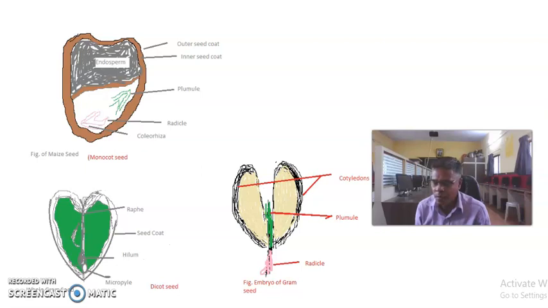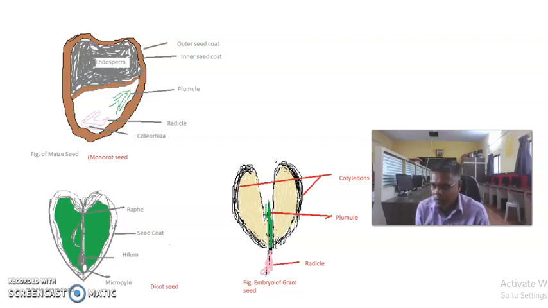Then second one, when the embryo sprouts, it consists of three parts: the radicle, that is known as the embryonic root; second, hypocotyl, it is the point of attachment of cotyledon; and third one is the plumule, it is the shoot apex with true leaves.